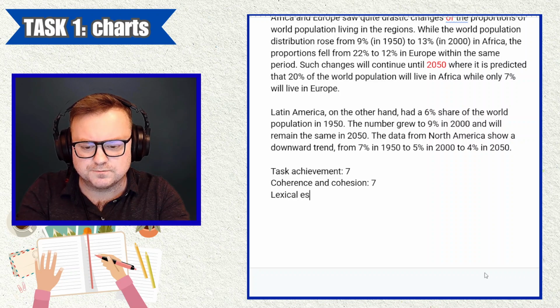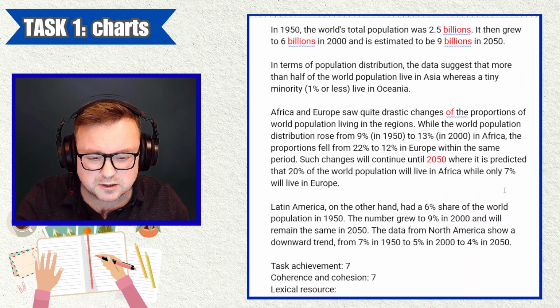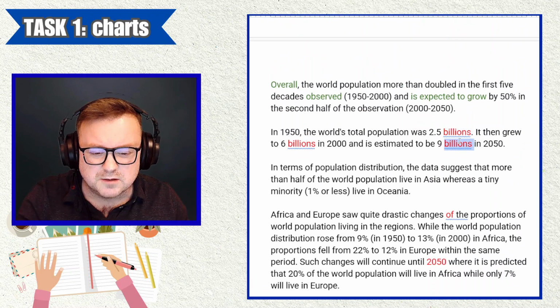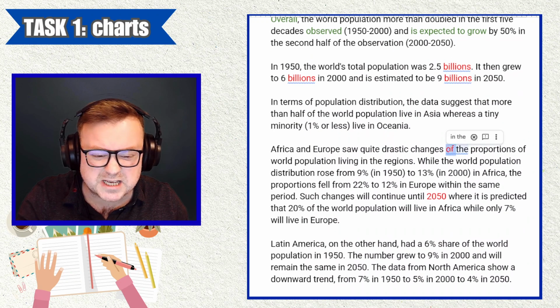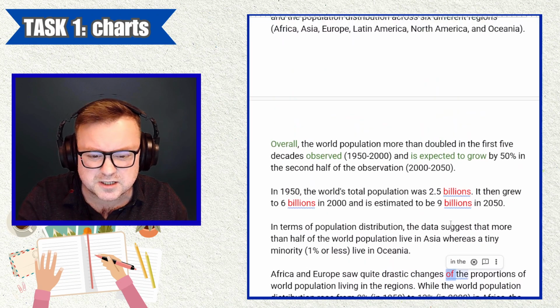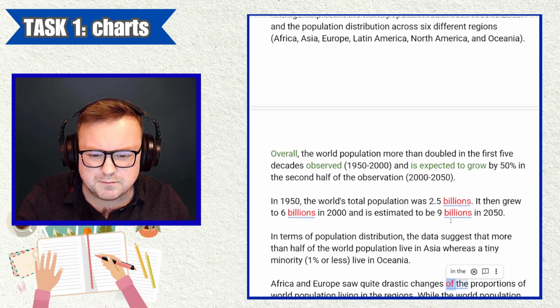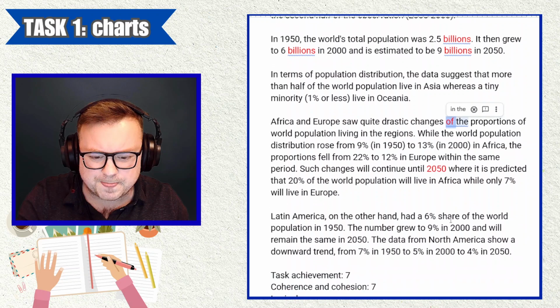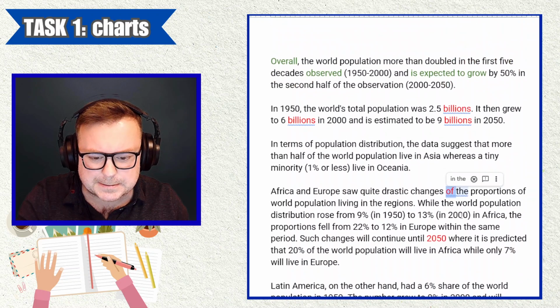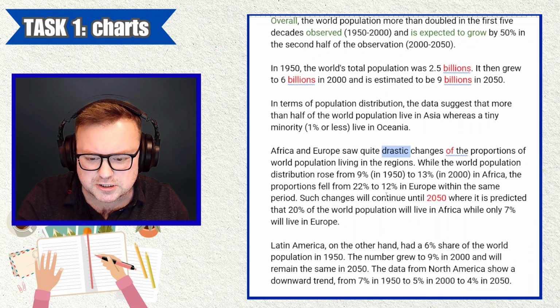Lexical resource. I think we can certainly award something high here. So billions is a problem. Changes in instead of changes of is such a minor problem. Drastic changes.